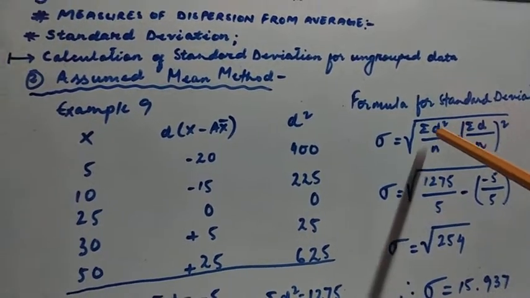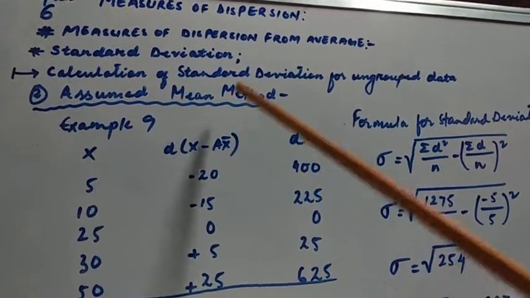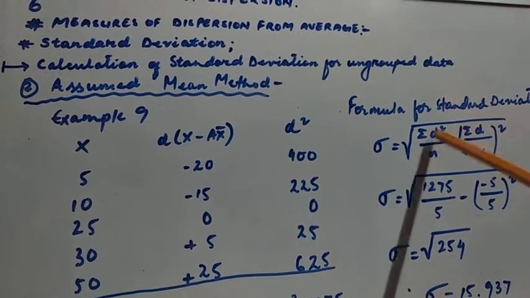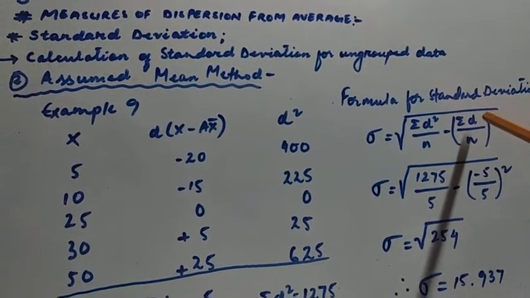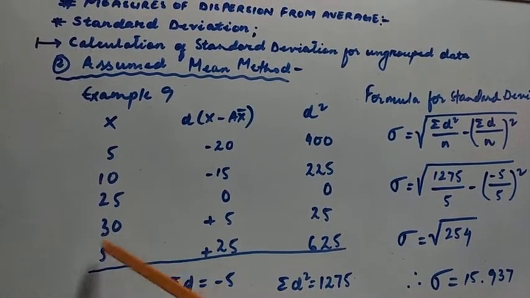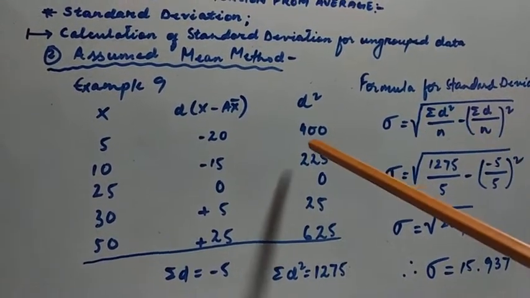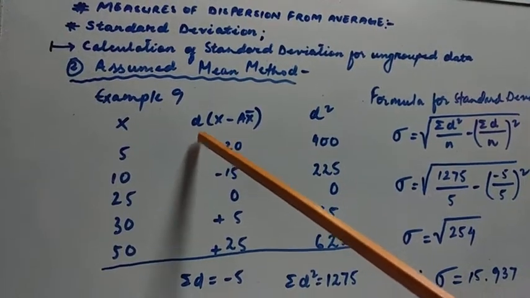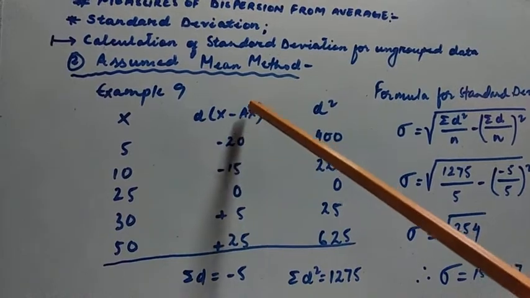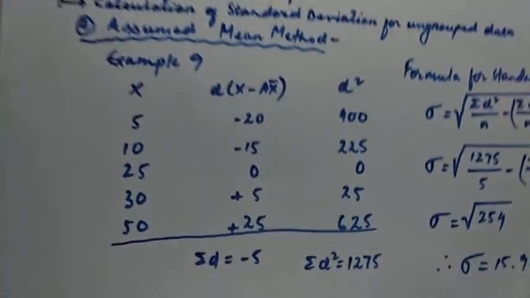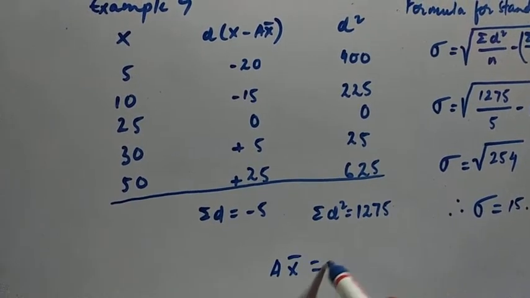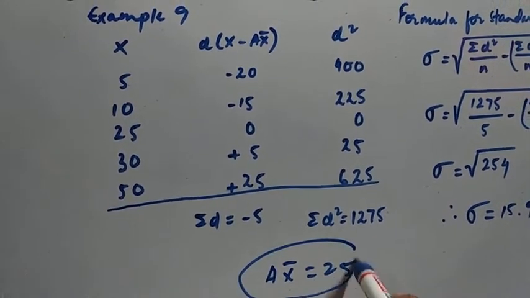So that is the formula for standard deviation for the assumed mean method for ungrouped data. You need to find summation d square and summation d. n is the number of observations, which is 1, 2, 3, 4, 5. To find summation d square, you need to find d, which is x minus A. Here we are assuming that A is 25.